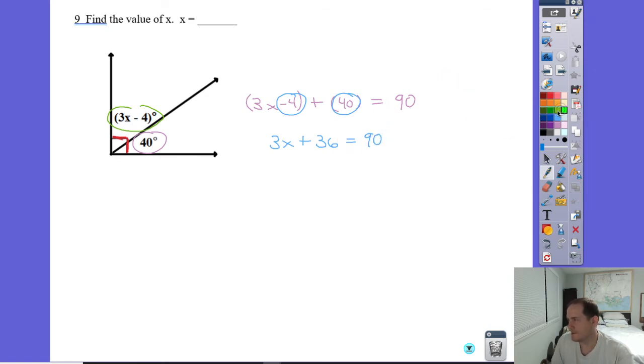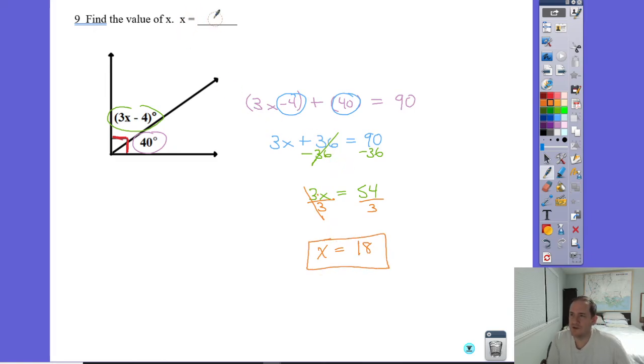Now, to start getting x alone, we'll subtract away the 36. So that's gone. We now have a 3x that equals 54. And now to get x alone, we've got to get rid of the 3. So we'll divide by 3. That'll cancel it out. We get x equals 18.